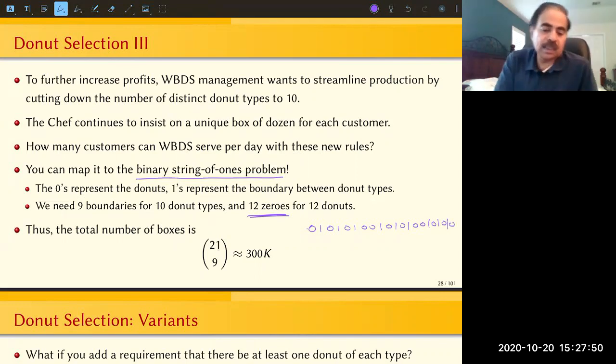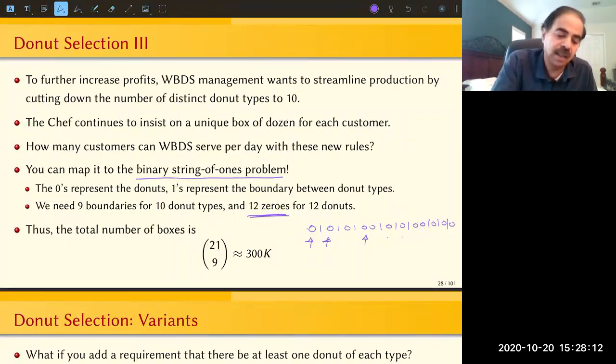So what this thing says is, choose one of the first donut type, one of the second donut type, and so on. The fourth type, you're going to pick 2. Fifth, sixth, you're going to pick 1 each. Seventh, you're going to pick 2, and so on, right?